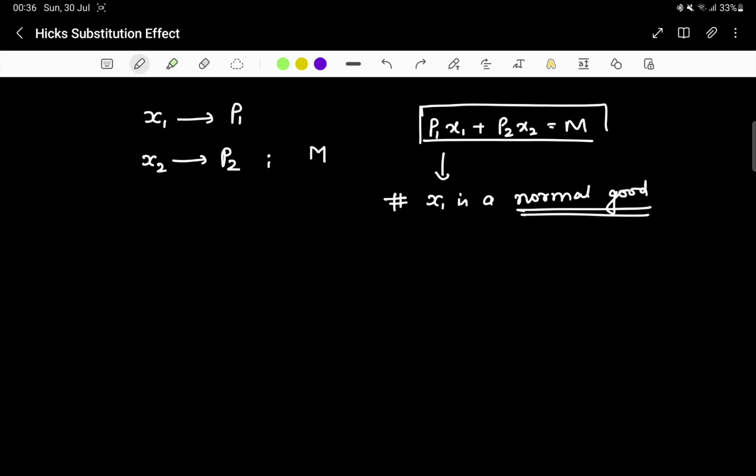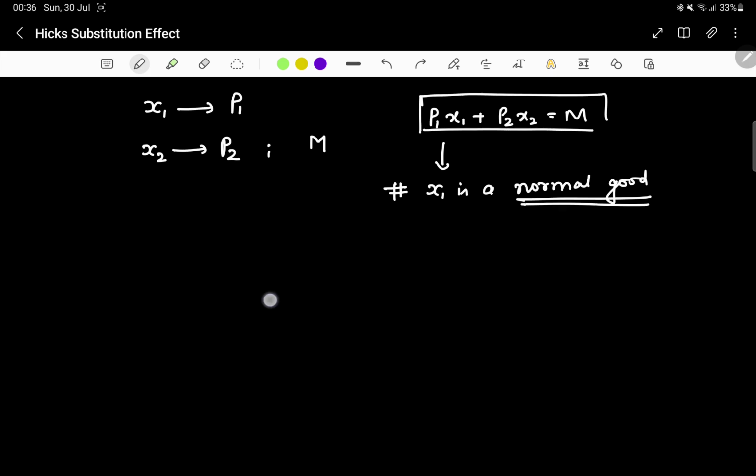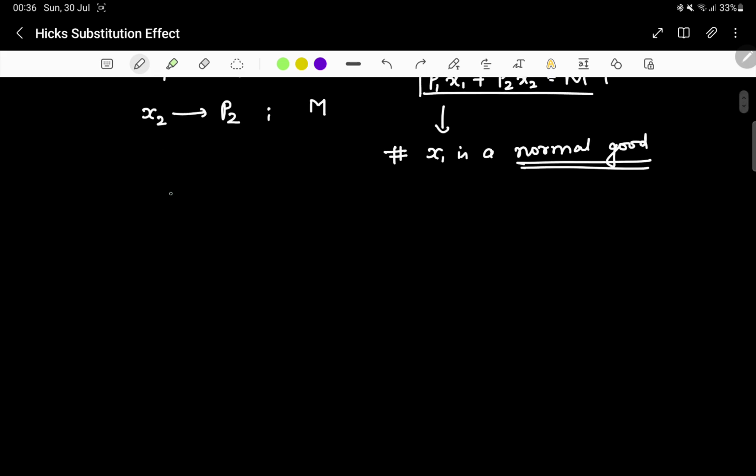So let's draw the diagram. Let's say we have this equation. This axis is for x2 and this is for x1.